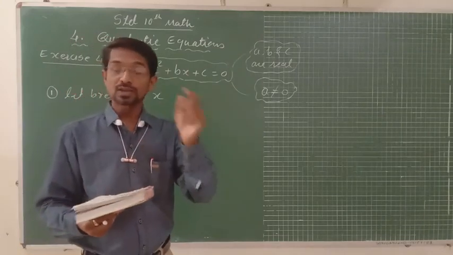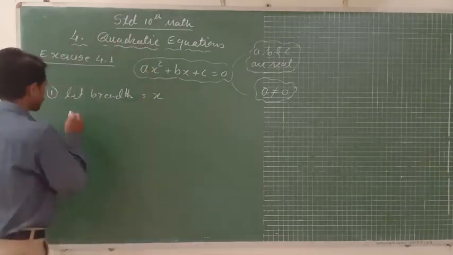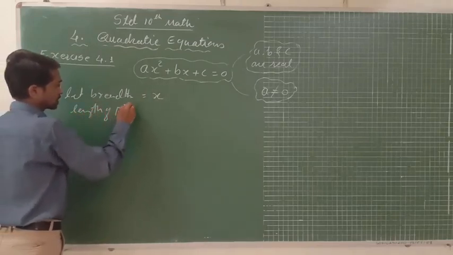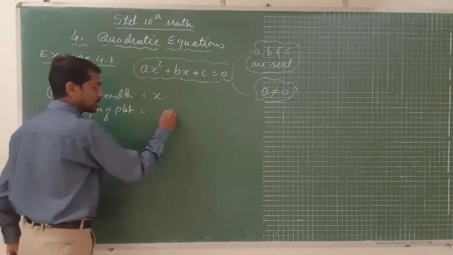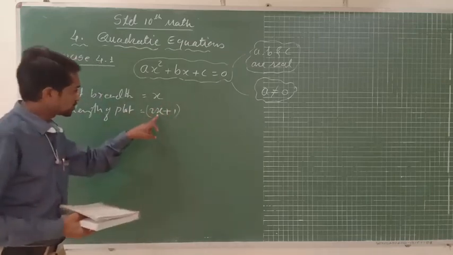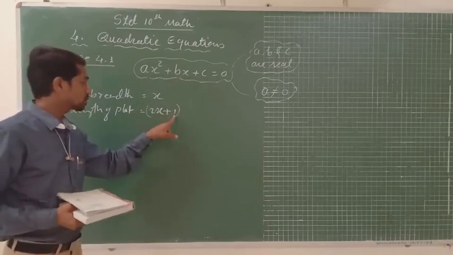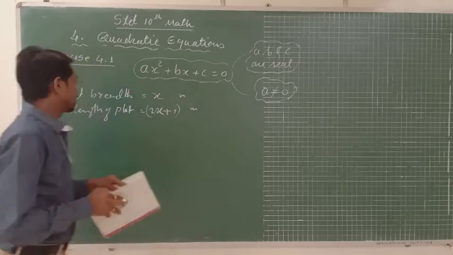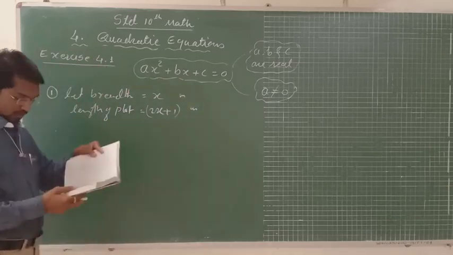So what is the length? Length of the plot is equal to 1 more than twice its breadth, that is twice breadth plus 1. These are the meters.